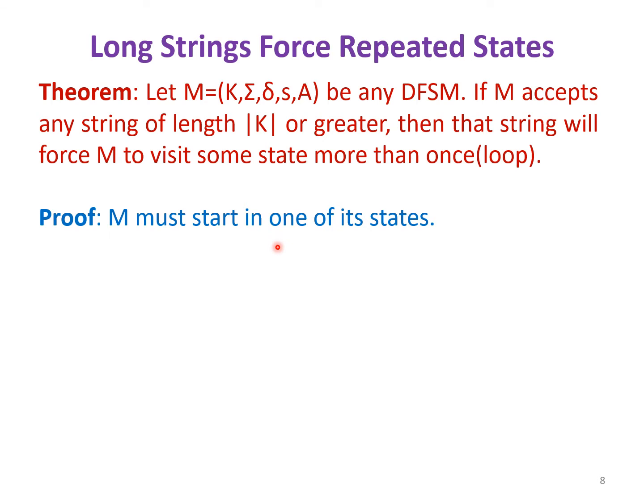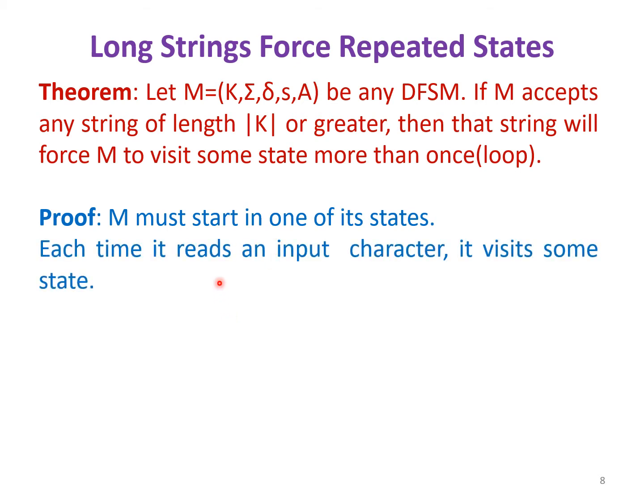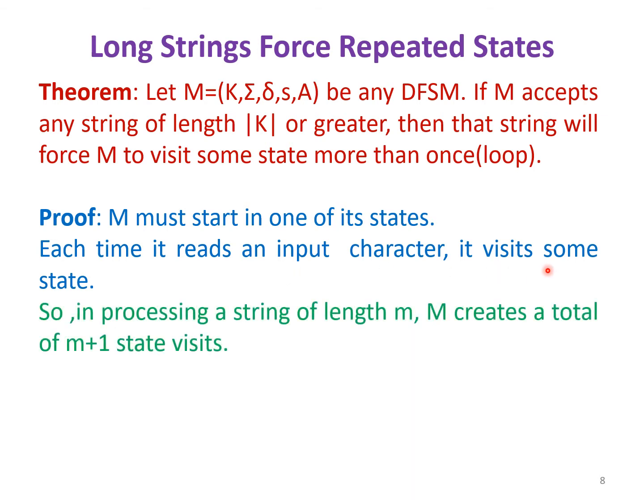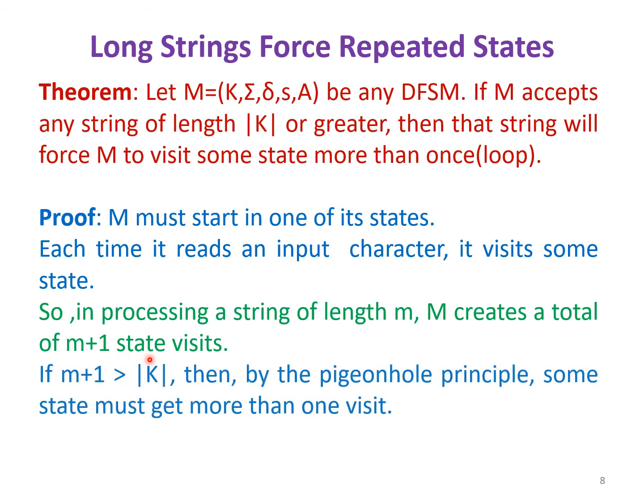The proof is: let M start in one of its states. Each time it reads an input character, it visits some state. So processing a string of length n creates a total of n plus 1 state visits.